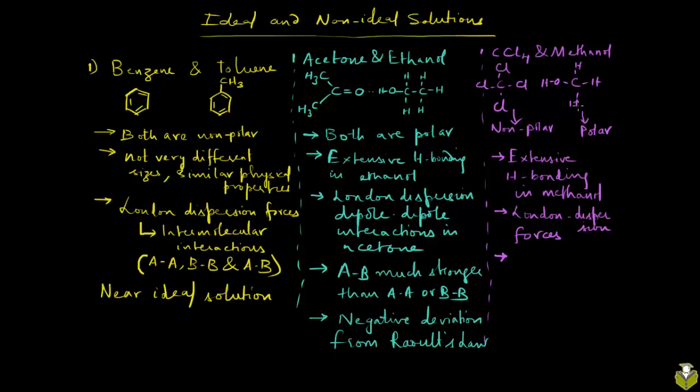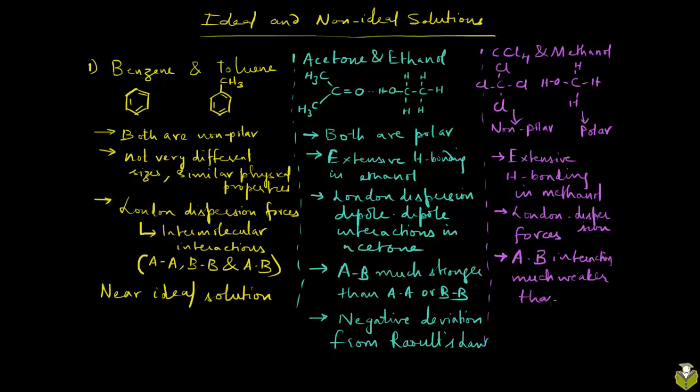And the lighter methanol molecules have much weaker London dispersion forces than these heavier carbon tetrachloride molecules. As a result, these AB interactions are much weaker than AA or BB interactions. These AB interactions do not have a stabilizing effect like they do in the case of acetone and ethanol.